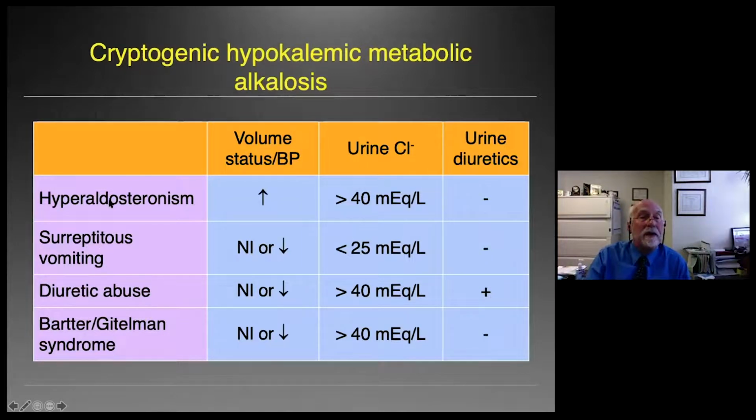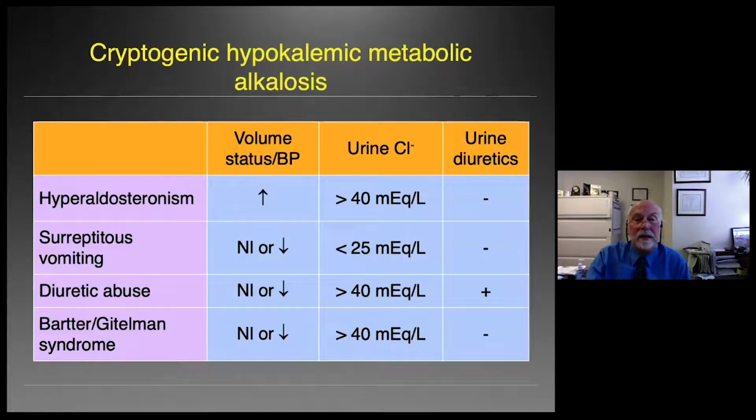Hyperaldo, of course, is associated with volume expansion and hypertension and a high urine chloride. These other three are associated with normotension or mild hypotension and can be distinguished based on the urine chloride.